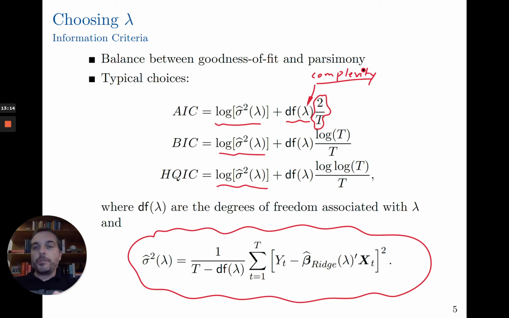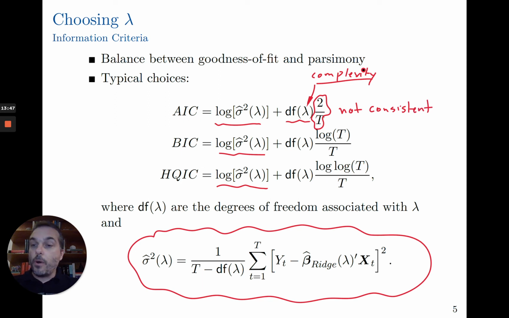You have proofs for these criteria for variable selection in low dimensions with OLS, but in high dimensions, there's no proof of their optimality for regularization, unless you're in very specific cases. But in practice, they work quite well. But one thing that's important is that, in general, the AIC is not consistent.